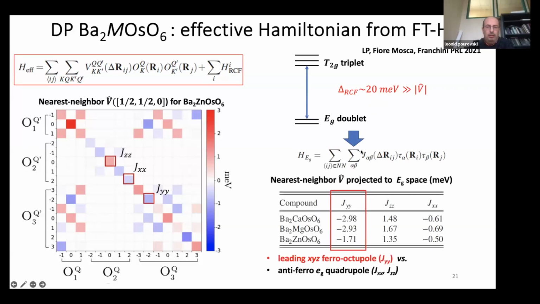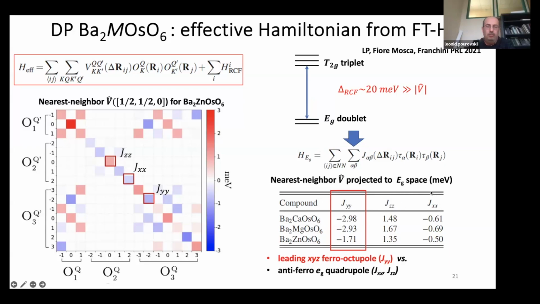One can put them in this kind of pseudo-spin 1/2 model, but physically they are different. So tau z and tau x are quadrupoles, and tau y is this xyz octupole. What one sees if one analyzes the ab initio calculated couplings is that the coupling between octupoles is larger and also ferro, while couplings between quadrupoles are smaller and antiferro.